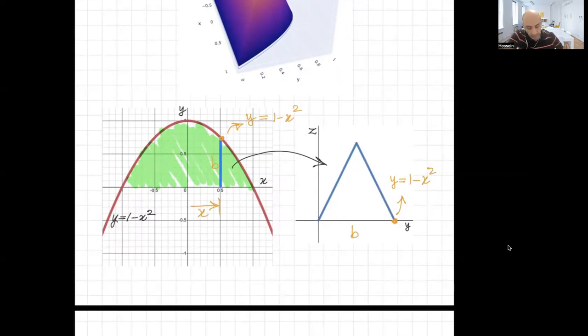The height of this triangle, let's call that h, is equal to the base, as given.